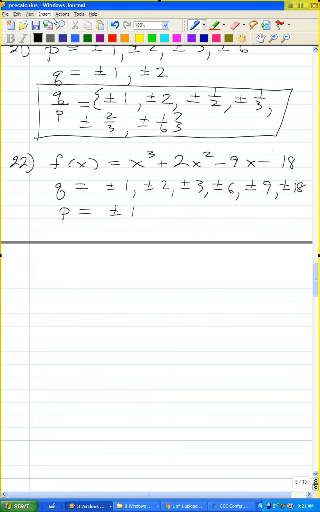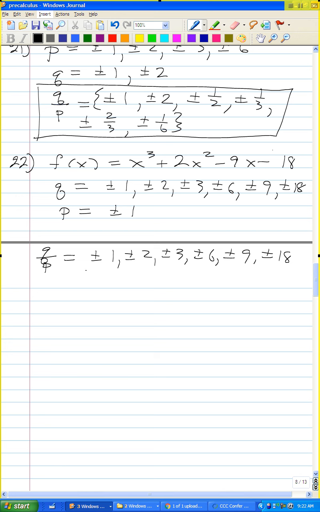Let's find Q over P. If I divide each of these by 1, I get the same list: 1, 2, 3, 6, 9, and 18. So these are the only possible rational roots of my polynomial.